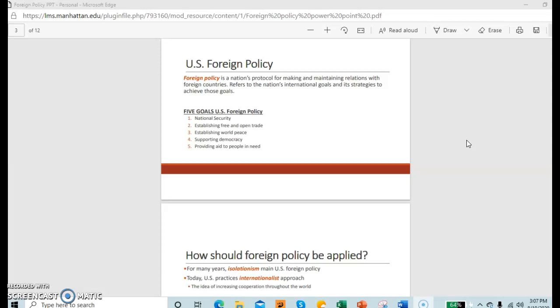Fourth goal of US foreign policy is supporting democracy. I know on this fourth point there is a lot of inconsistency, but very broadly, this is one of the fundamental US ideals. The US has two broad elements to its foreign policy. One is its national interests, but the other is its ideals.